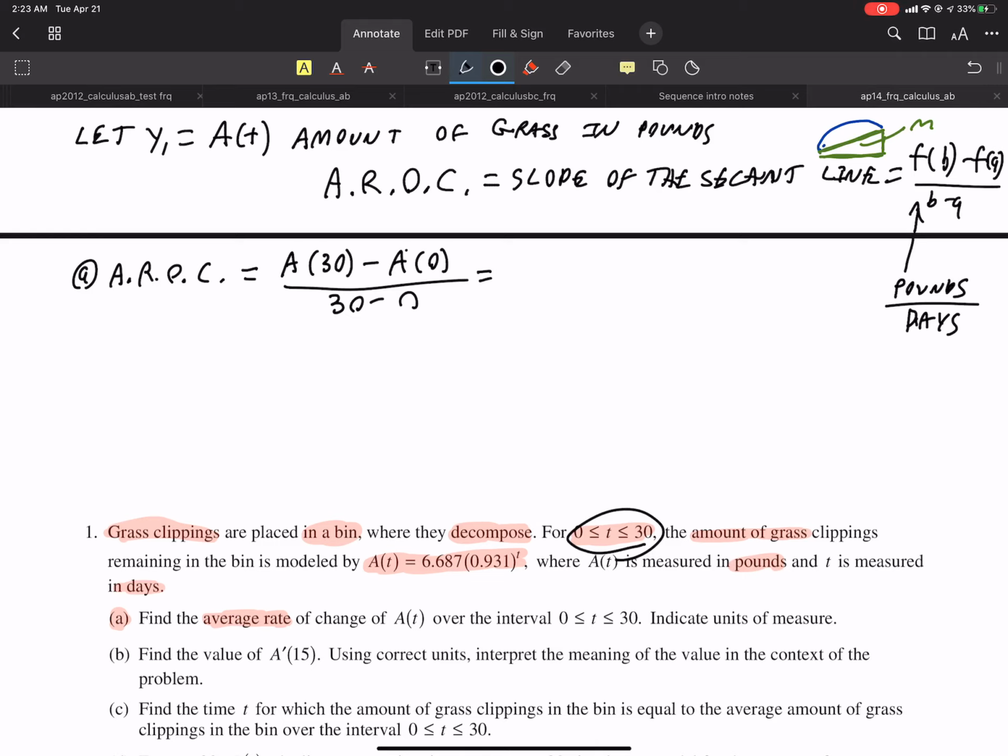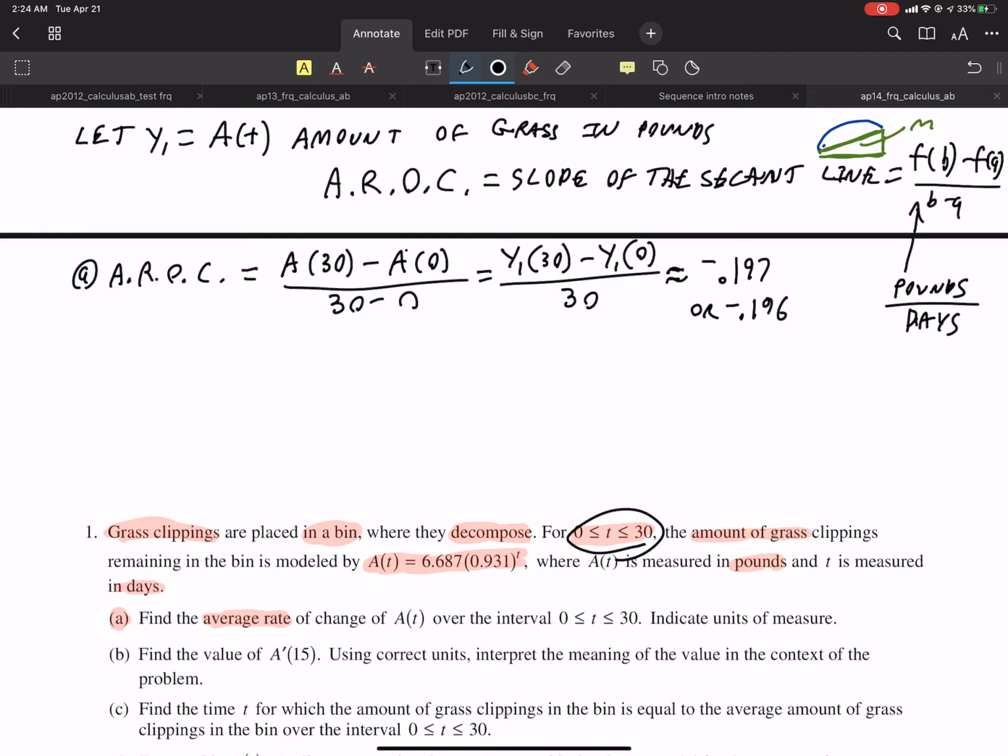And then we just put those values in our calculator. In your calculator, it would look like this. If you punch that in, you get approximately negative 0.197 if you round off, or if you truncate, you get negative 0.196.